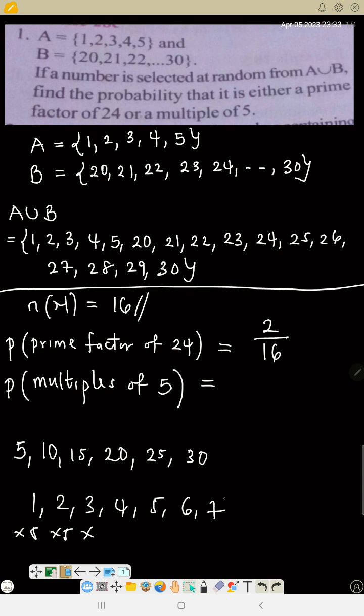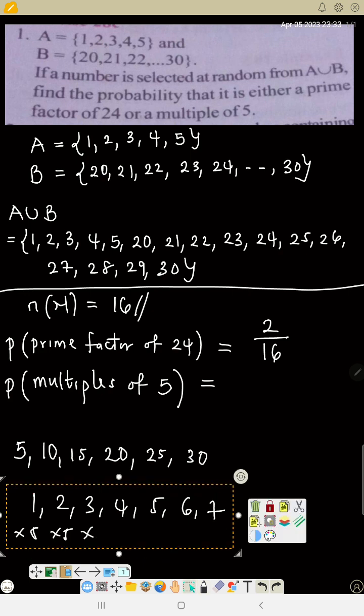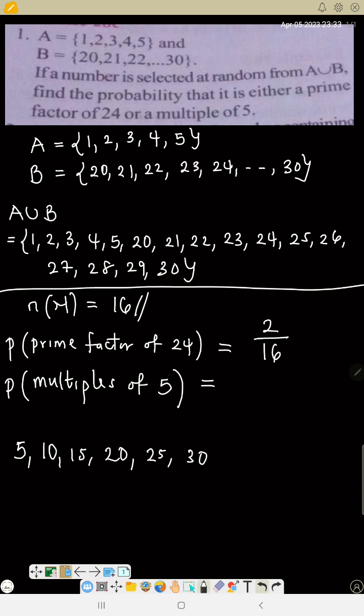So all the multiples of 5 now are these ones. So now check your A union B. Multiples of 5: that is 5, no 10, no 15, so 20.